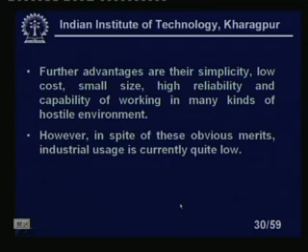Whereas if you use a fiber optic sensor, it will satisfy both things, safety will be there, since it is a very low voltage and the entire transmission is through light, with no electrical connections. However, in spite of these obvious merits, industrial use is currently quite low, we must admit.